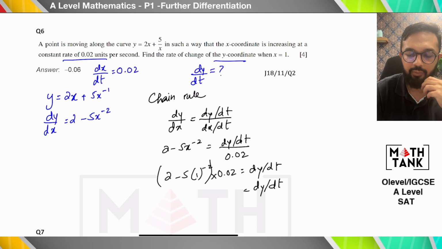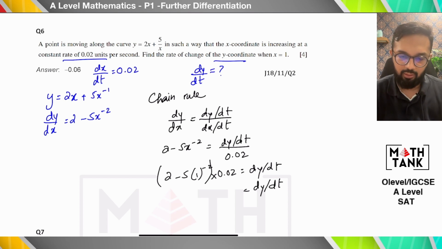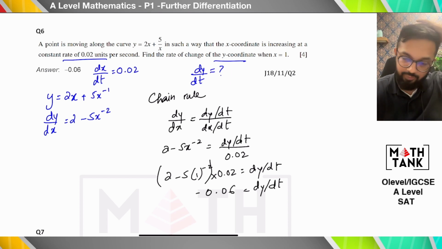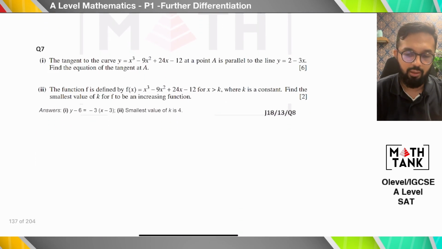So dy by dt is 2 minus 1 over 5, when x equals 1. Okay, so 0.06, minus 0.06. That's what I have from my calculator as well. So I have dy by dt equals minus 0.06. Move on to the next question.